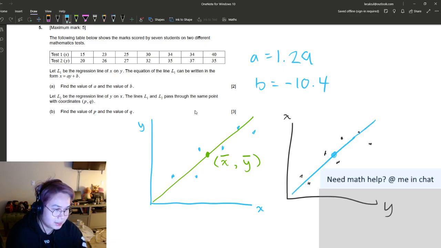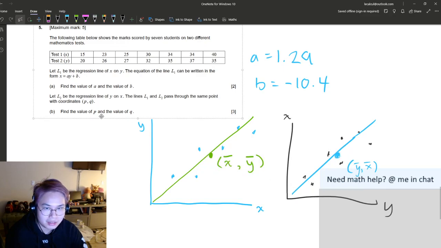It still has to go through the mean, and then of course the mean is just slightly reversed. But regardless, when they intersect, they will intersect at the value p and q, which is x bar, y bar.